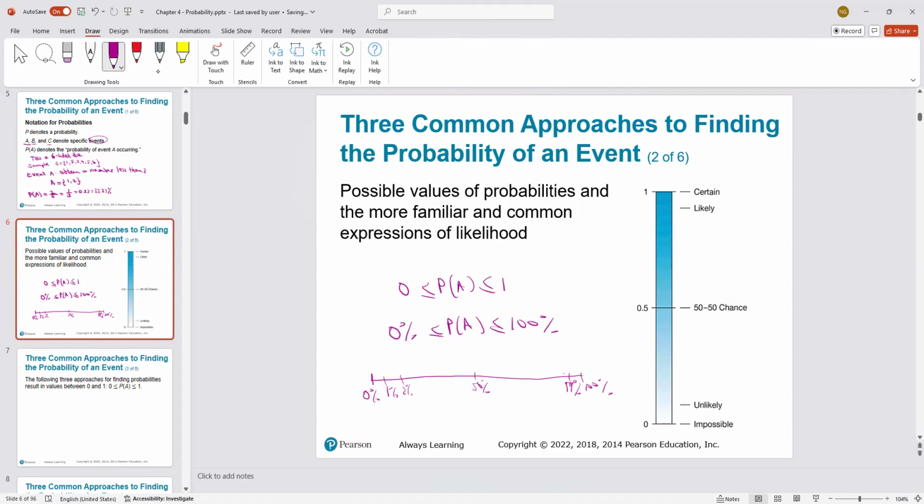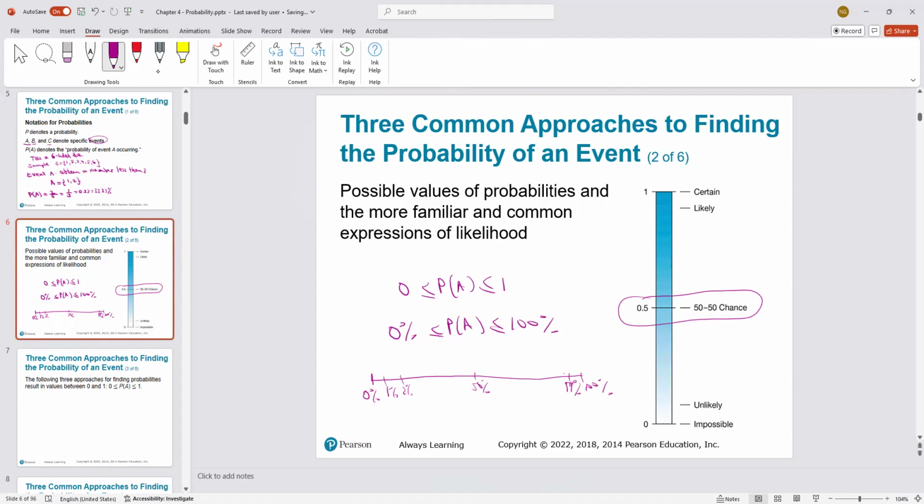Remember, 100% is when it is very certain this is going to happen. But 50% means there is a 50% chance of obtaining something. Let's say when you flip a coin, there is a 50% chance you obtain a head, or a 50% chance you obtain a tail. But if you toss a six-sided die, what is the probability of obtaining a five? It's only one out of six.